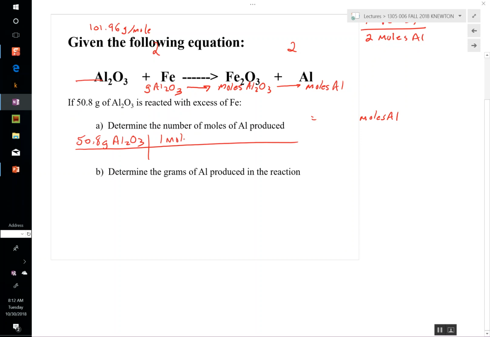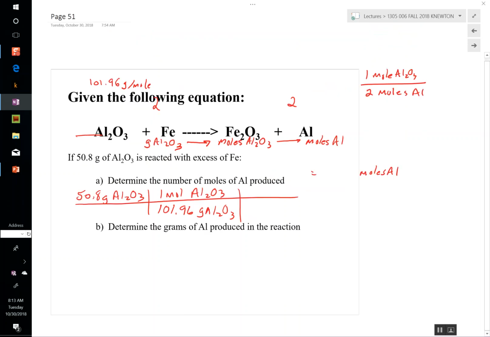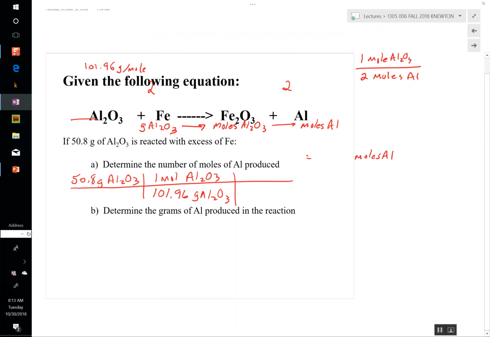One mole aluminum oxide, 101.96 grams of aluminum oxide. Okay, now if I want to convert moles of aluminum oxide into moles of aluminum, how do I use that factor up there? Where does the moles of aluminum oxide go? In the denominator.